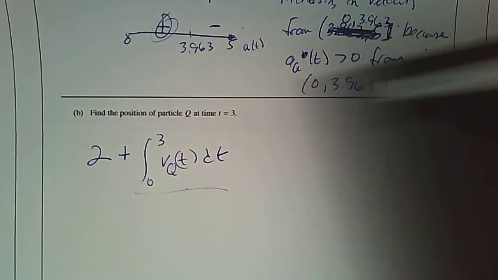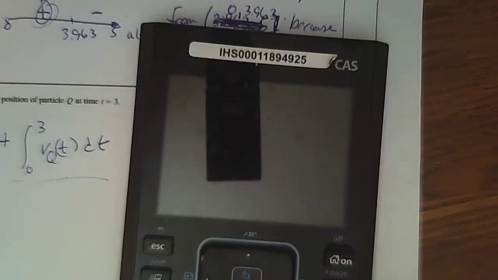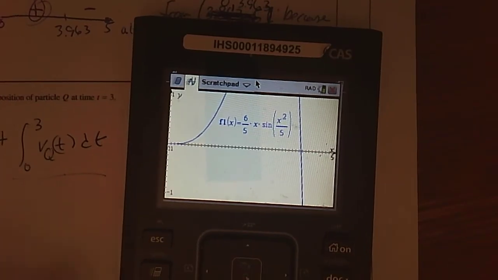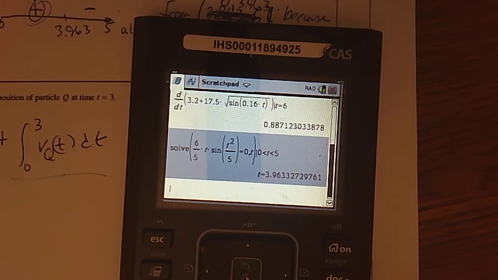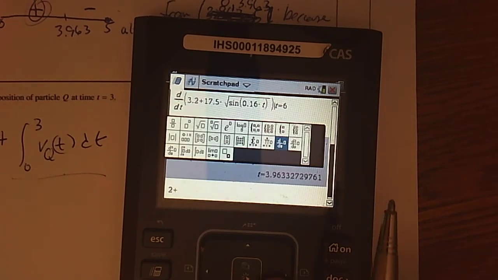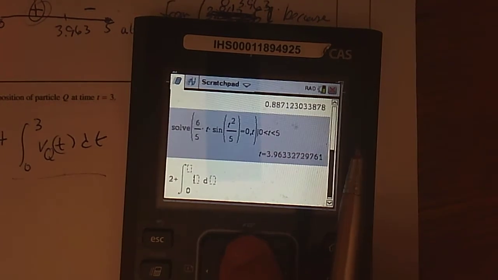All right. So in our calculator, we would go 2. Oops. Let's go back here again. So I would go 2 plus, and then I would integrate from 0 to 3.